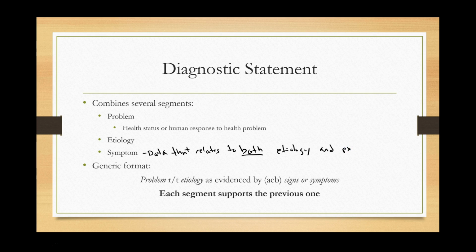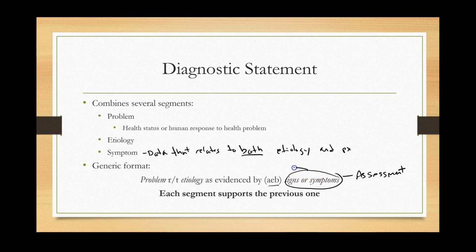Every one of these segments must support the previous one. So the generic format for our diagnostic statement is going to be a problem related to our etiology, as evidenced by, you can also use the abbreviation AEB, the signs and symptoms that you have from your assessment. So again, this all comes from your data from your assessment that you have completed.